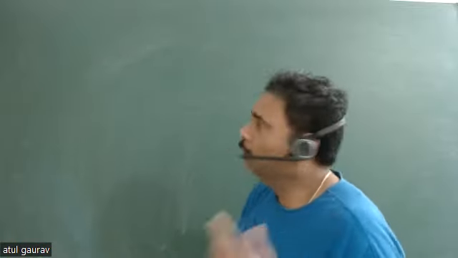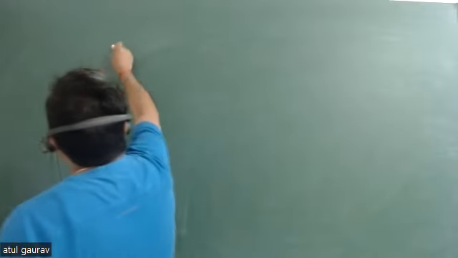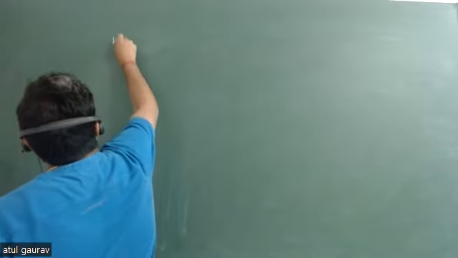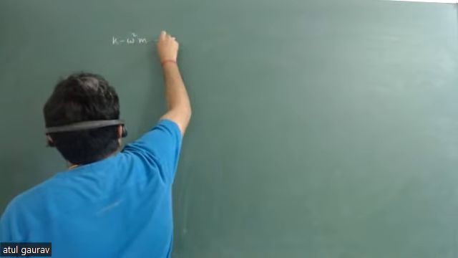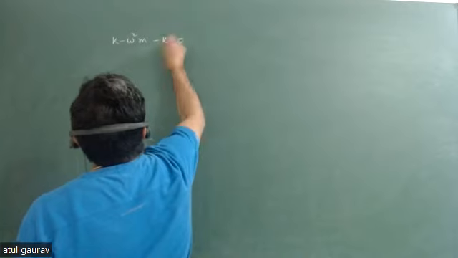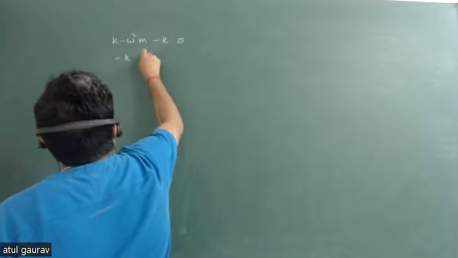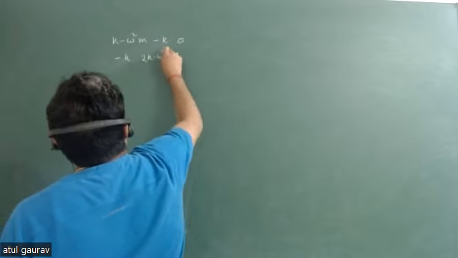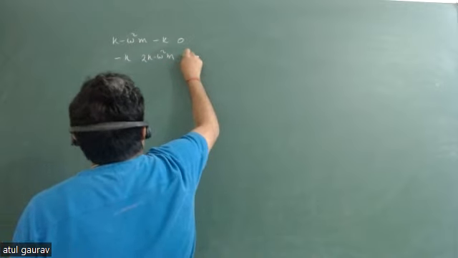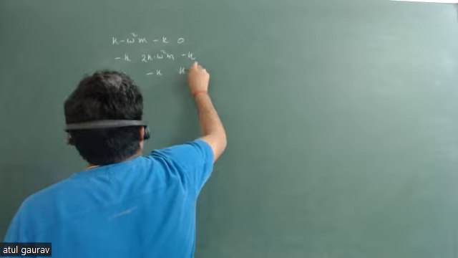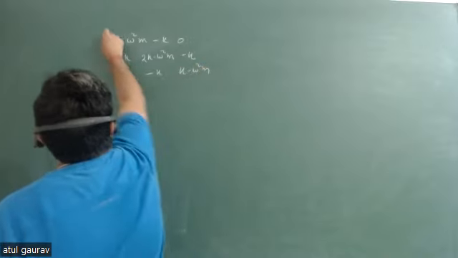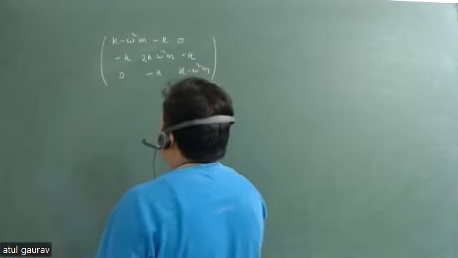Okay. So what is my equation? K minus omega square m, minus k, 0; minus k, 2k minus omega square m, minus k; 0, minus k, K minus omega square m. So this is my equation. Okay.